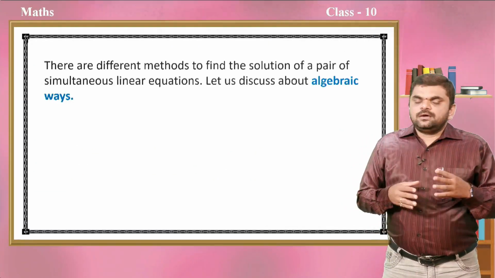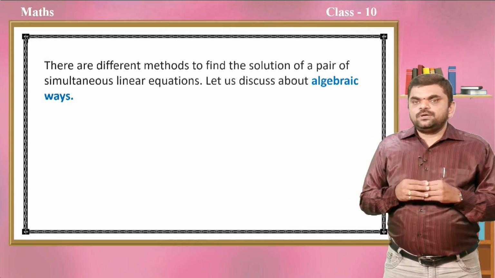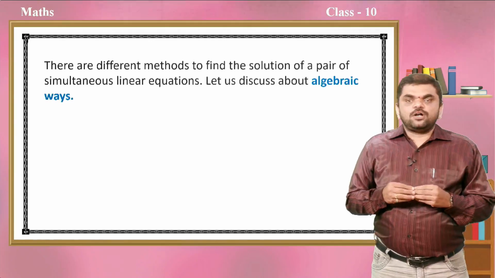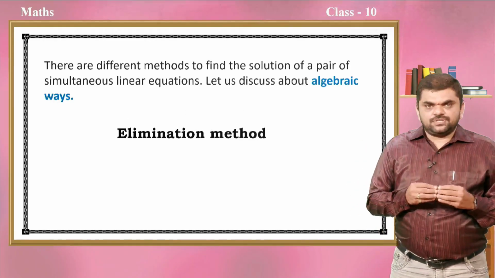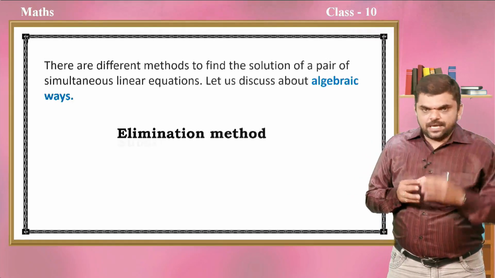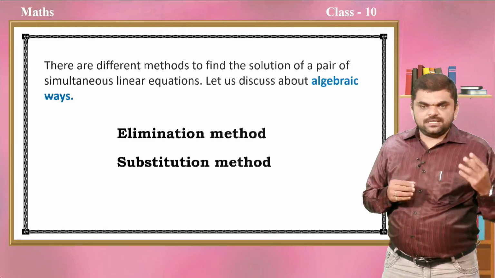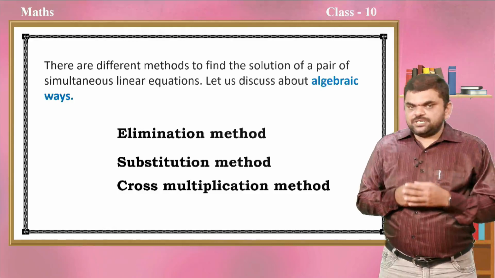Children, in our previous class we discussed the three algebraic ways to solve a pair of simultaneous linear equations. First is the elimination method, second is the substitution method, third is the cross multiplication method.